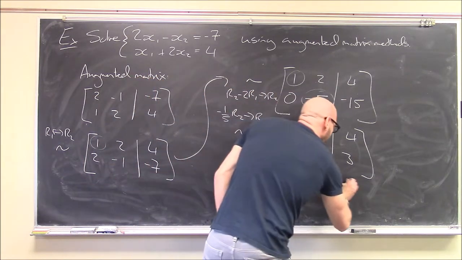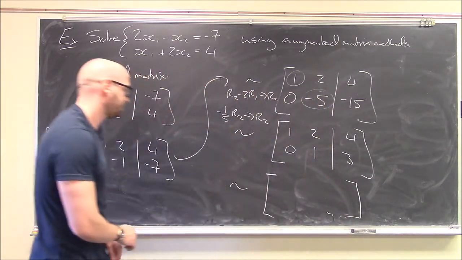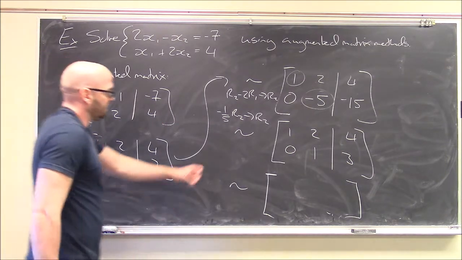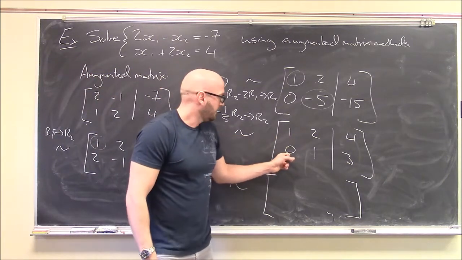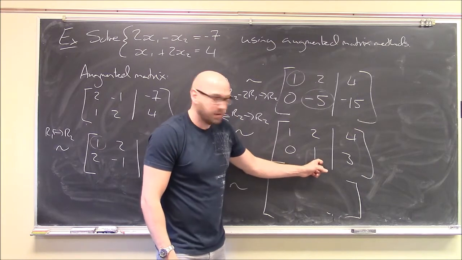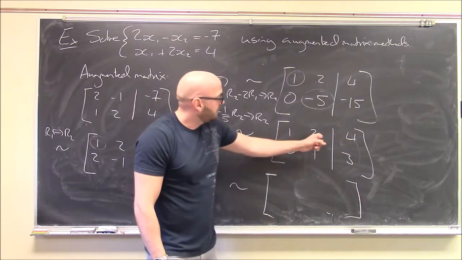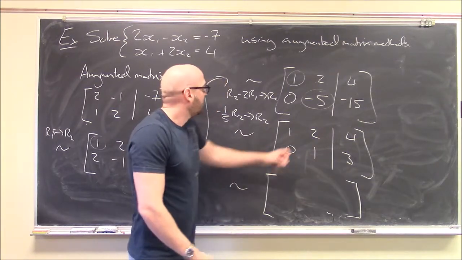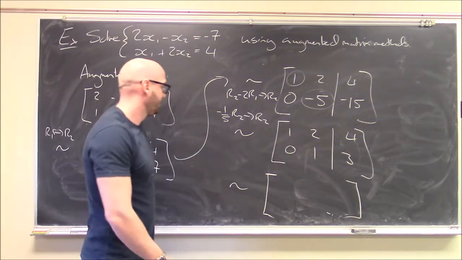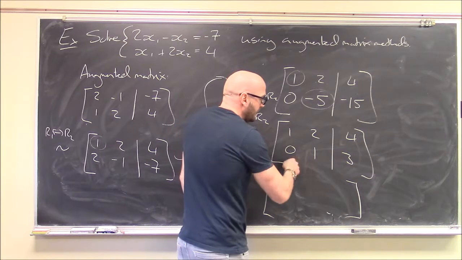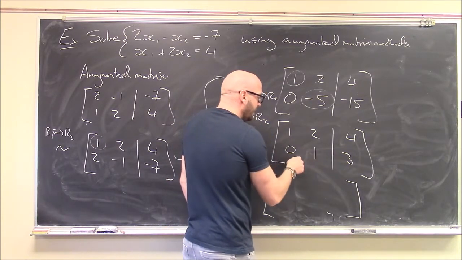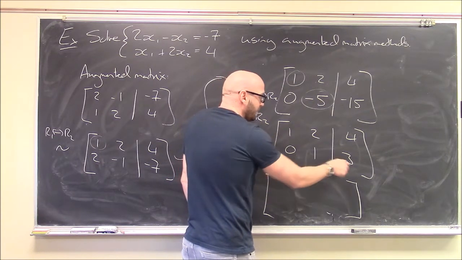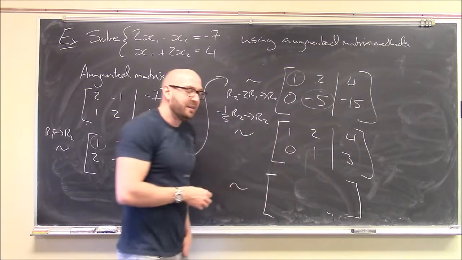What's our last step now? I've got a 1 here, I've got zeros below it. In this row, my first entry is a 1. The last thing I need is a 0 up here, right? I needed 1, 0, 0, 1. So how do I get a 0 right here? Well, I can subtract the appropriate multiple of row 2 from row 1.